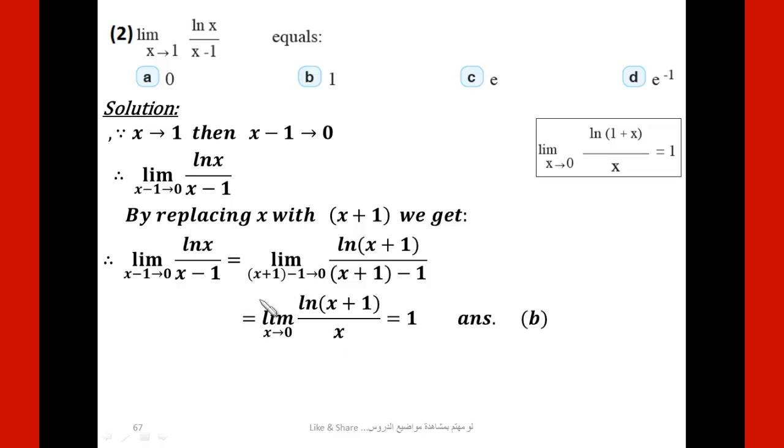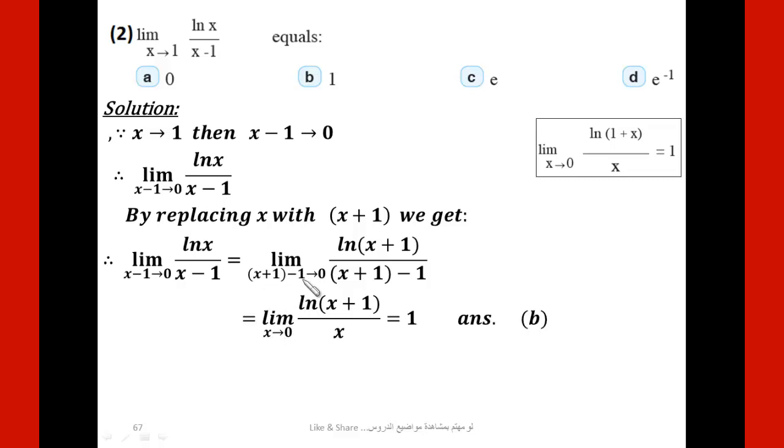Don't forget, we substitute x here by x plus 1. So we replace x by x plus 1 in the whole limit. So what we get? Limit x plus 1 minus 1 equals x.